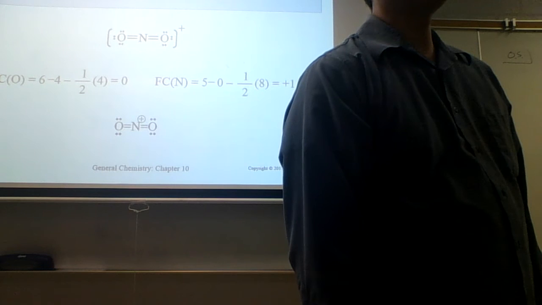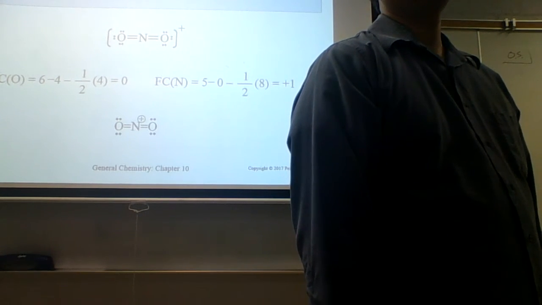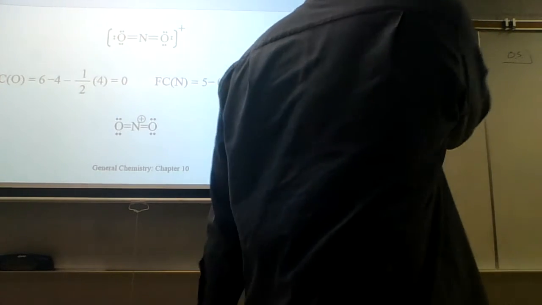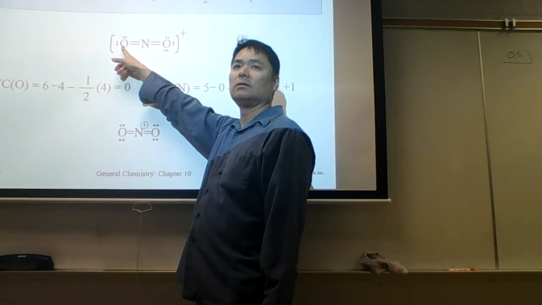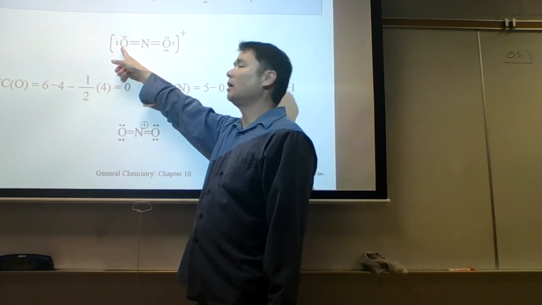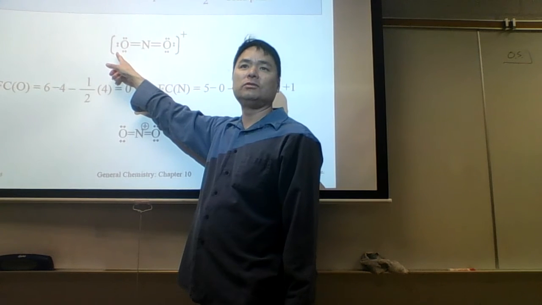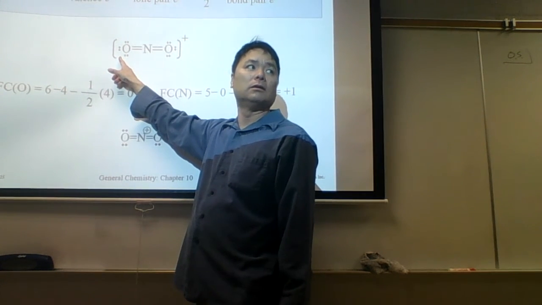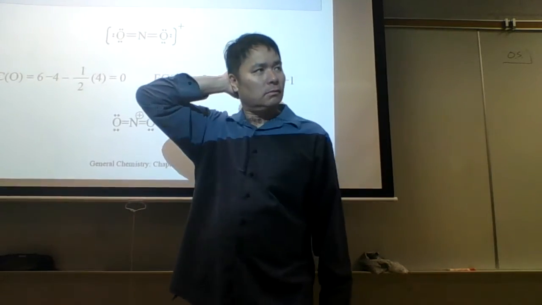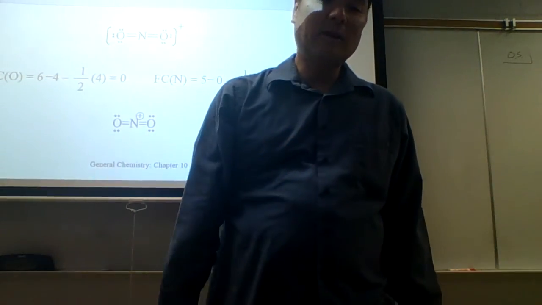The apparent charge on the atom? The apparent charge on the atom is what? What's the apparent charge on this atom? I don't see any -2 there. Is there -2 there? So you have to. It's apparent charge on the atom.